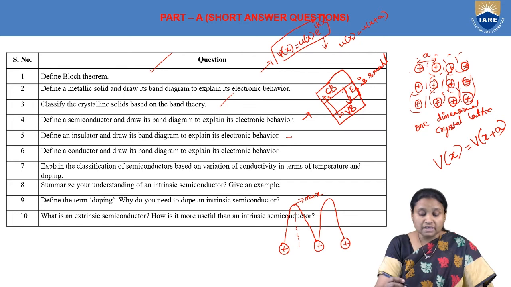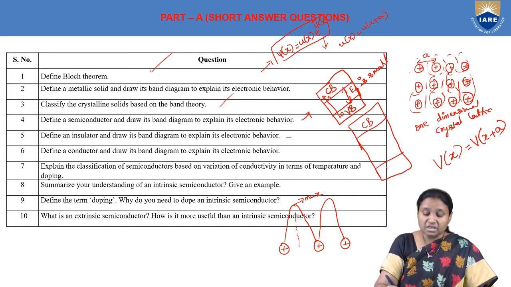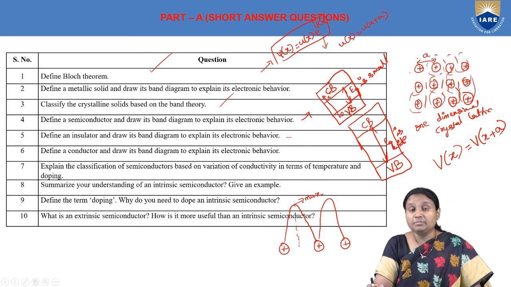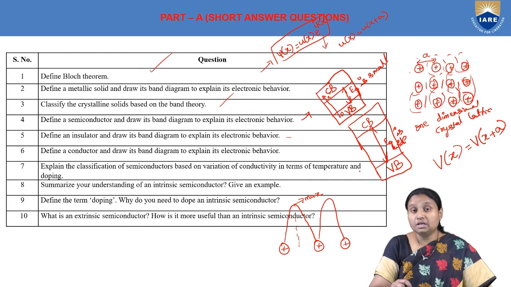Then coming to insulators, the width of the forbidden energy gap is very wide. What do we mean by a very wide forbidden energy gap? It means that to make a valence electron a conduction electron, we need to supply a large amount of energy.